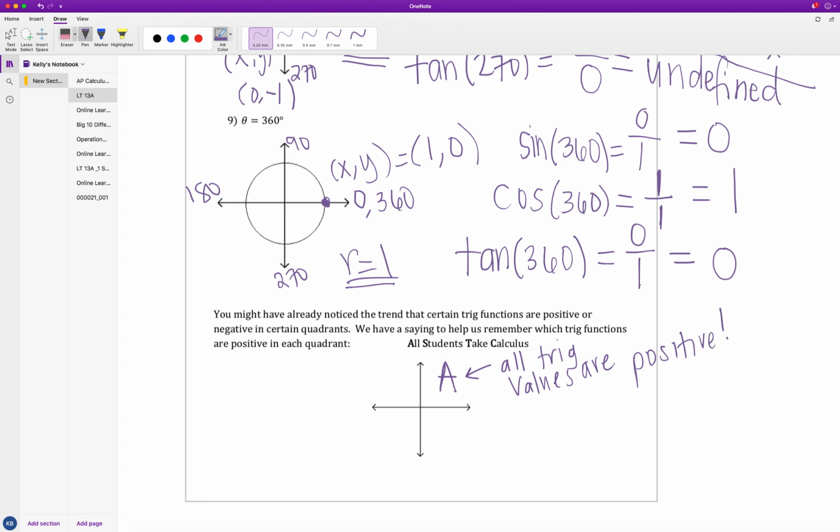Okay? In quadrant 2, I know that only sine is positive. So I'm going to put an S there to mean that only sine of an angle is positive. In quadrant 3, I'm going to put a T there, and that means that only tangent is positive.